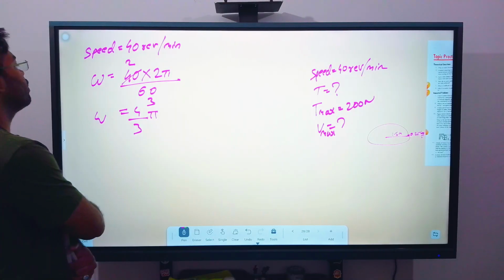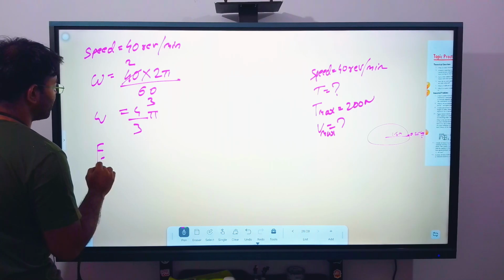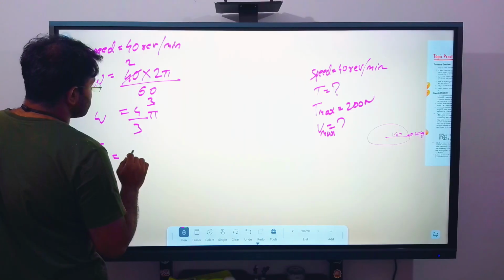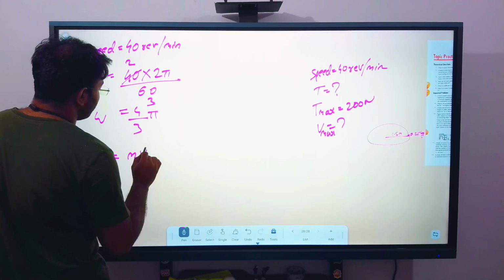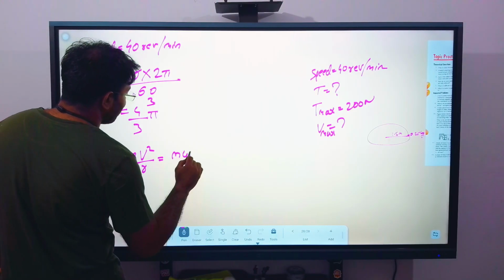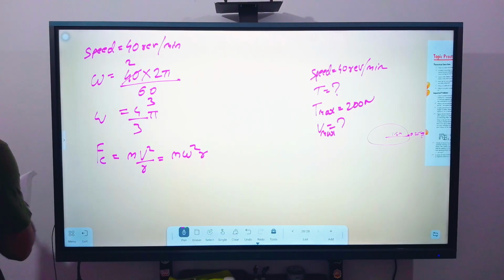Okay. So we know that force centripetal should be equal to m v squared upon r, or m omega squared r. One second. Am I right?